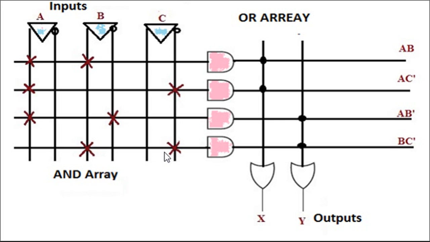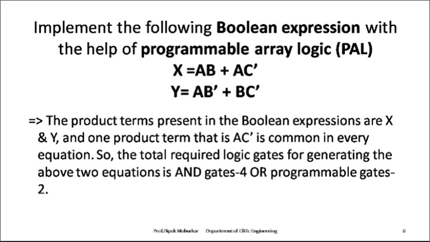Okay, then mark a cross connection like this one. It indicates this is programmable. What we are saying in the PAL is that AND is programmable and OR is fixed. We'll check again.